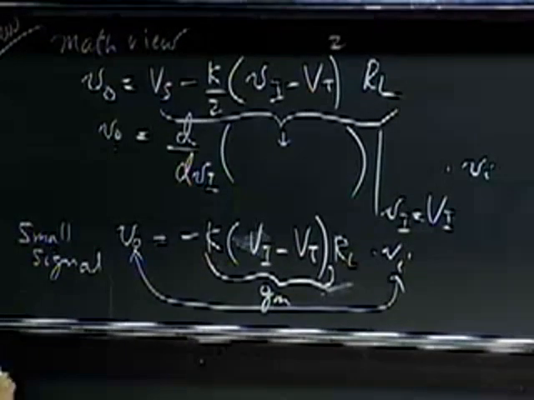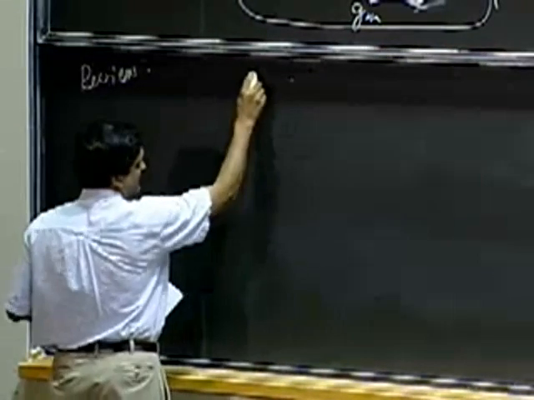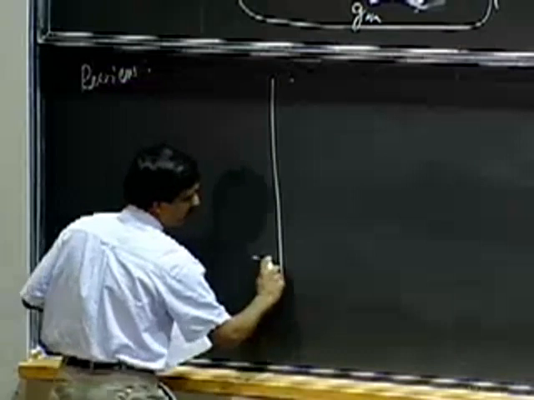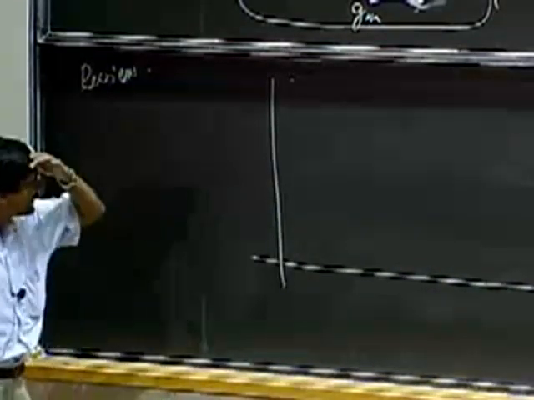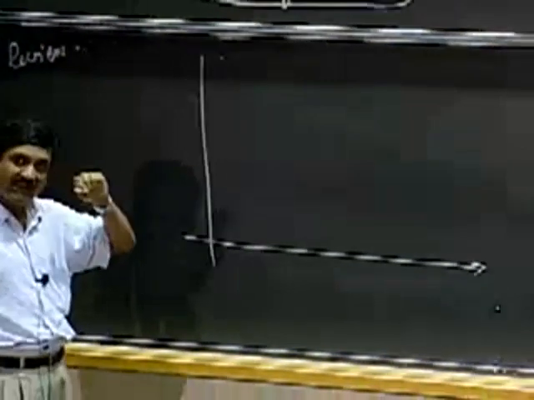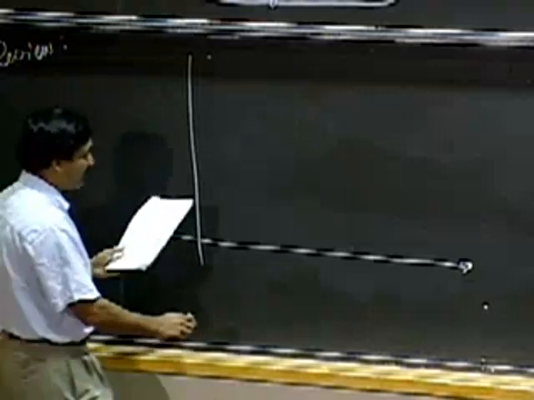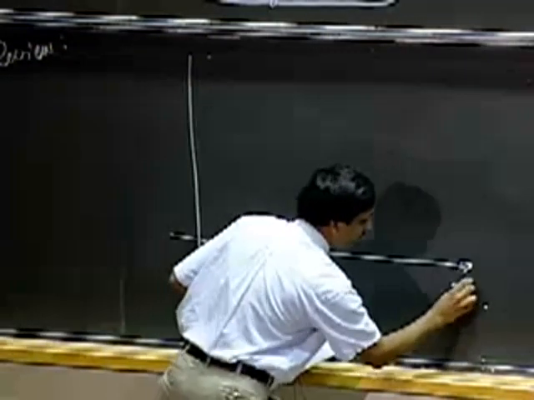Even more review. So I can draw the transfer function and plot VO versus VI. Another way to graphically view what's going on is by plotting the load line curve for this circuit.